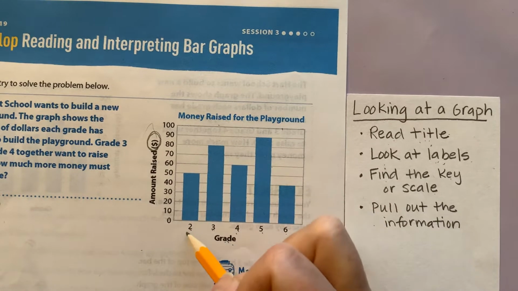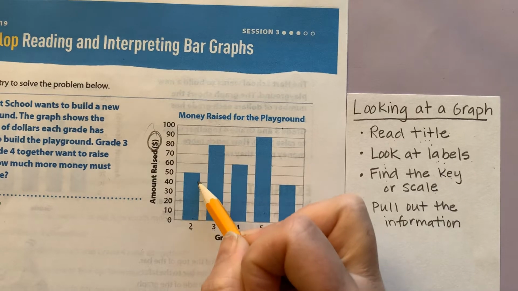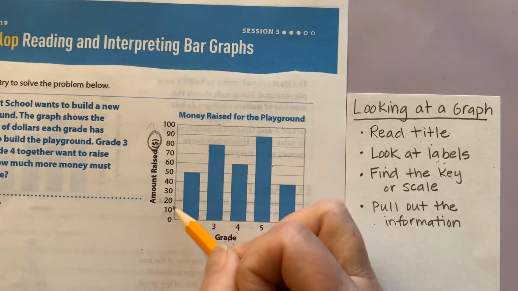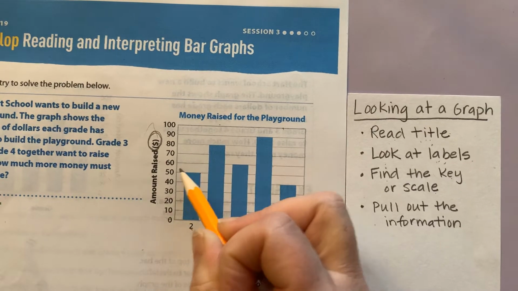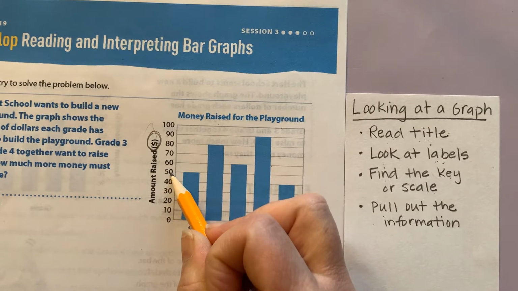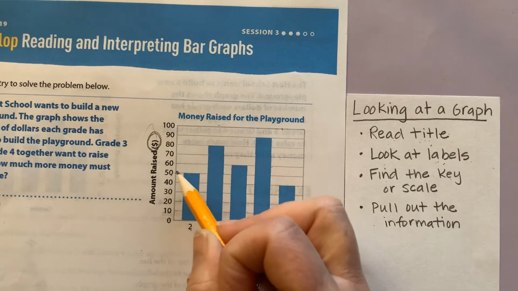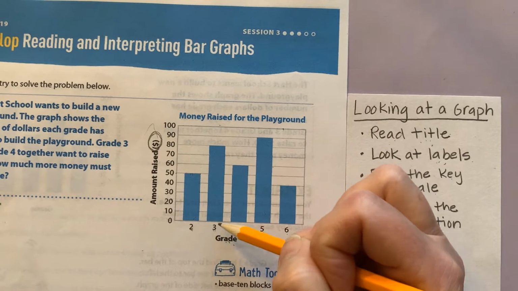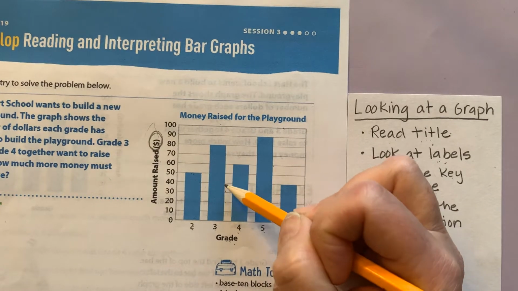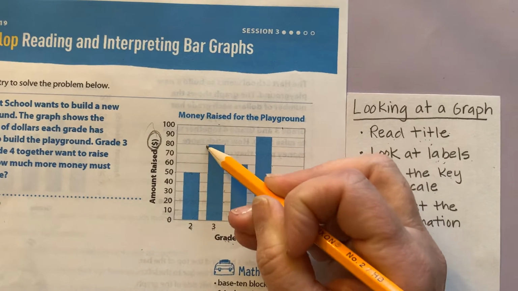So if we look at grade 2, I read this as 10, 20, 30, 40, 50. I would read this bar graph as 2nd grade raised $50. Remember, this tells us what grade level. This tells us the amount of money they raised, $50. If we take a look at 3rd grade, let's go ahead and take a look. 10, 20, 30, 40, 50, 60, 70, 80. 3rd grade raised $80.